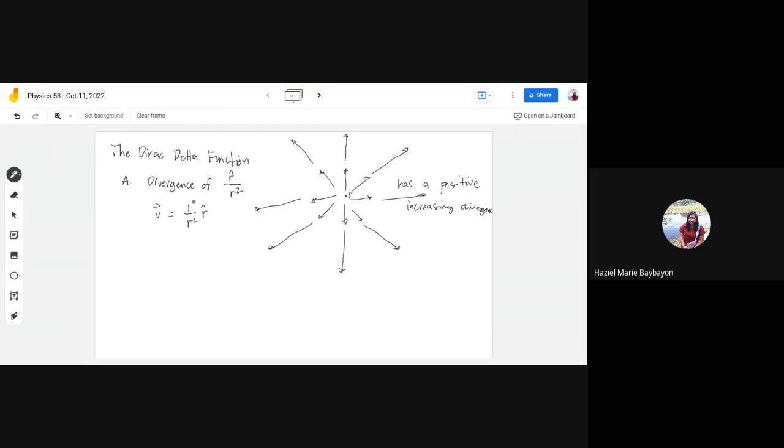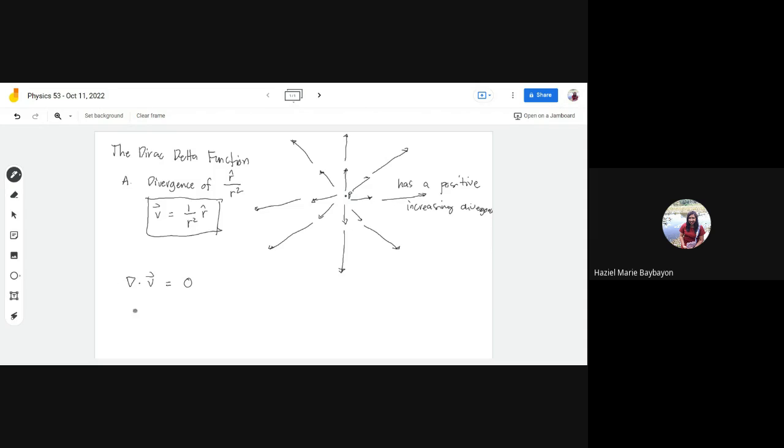Okay, however, if we take the divergence of this vector function, we will get 0. So this is the evidence. There is somewhat like a paradox with this vector function. We discussed last time that when you graph it, it has a positive increasing divergence.